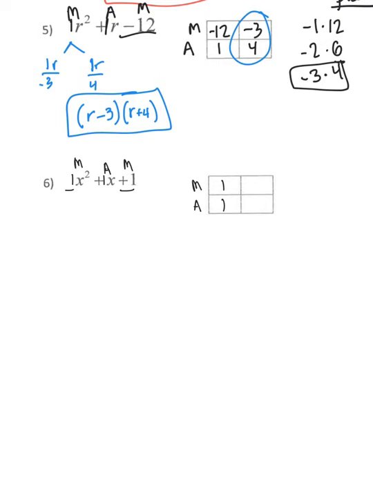So here, if I make a list of possibles, both of them are positive, so that means both of my numbers are going to be positive, and the only thing I can multiply to give me 1 would be 1 times 1. But when I add 1 plus 1, that gives me 2. So there's no way that I could multiply two numbers to give me 1 and add them to give me 1.